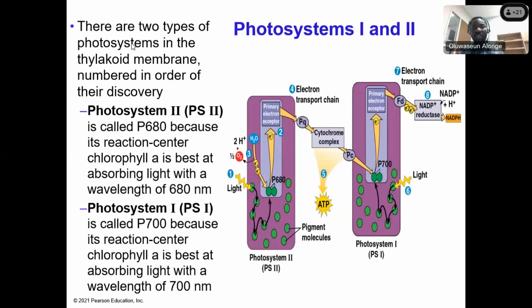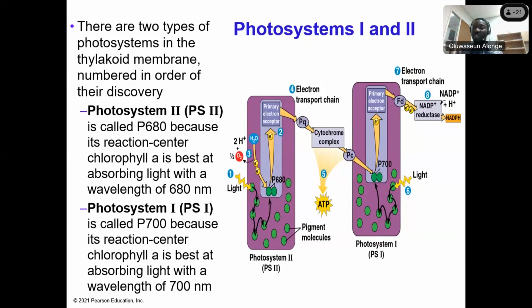Let's go. So there are two types of photosystem, like I said. There's photosystem 1 and 2. However, the one that comes first is photosystem 2, then photosystem 1. Let me tell you why. It is not PS1 and PS2. It is PS2 and PS1. The reason is that 2 was the one that was discovered first.